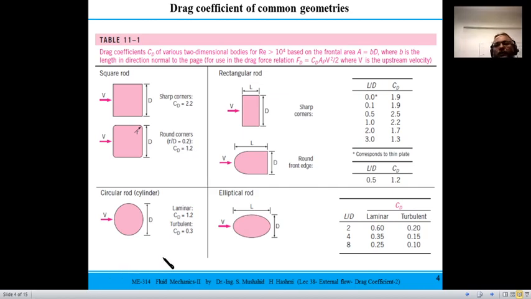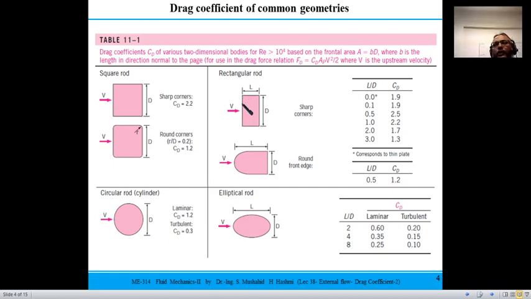For a circular cylinder, the drag coefficient is different if it is laminar flow as well as turbulent flow. So obviously you need to have some critical Reynolds number in that case, and for turbulent flow, if it is much higher than the critical Reynolds number, then you have a lower drag coefficient.